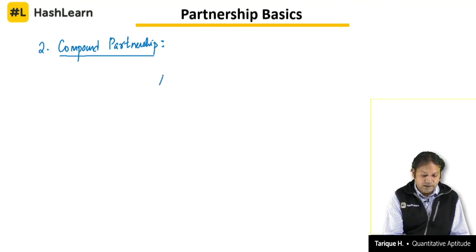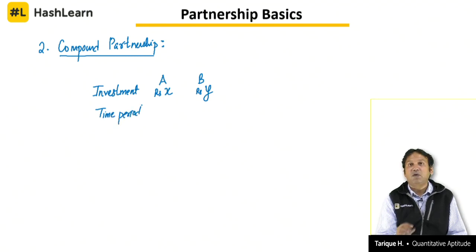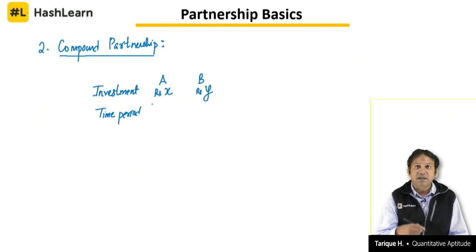Let us say the same two persons are there, A and B. The capital investment of A is rupees X, and B is investing rupees Y. The time period for which they are investing is not the same. The investment can also change. I am just taking one scenario where time is not the same, and then we will see through the questions to understand more about this concept.